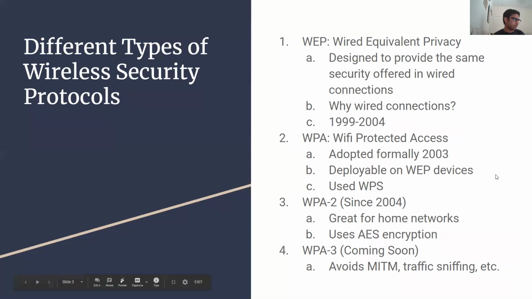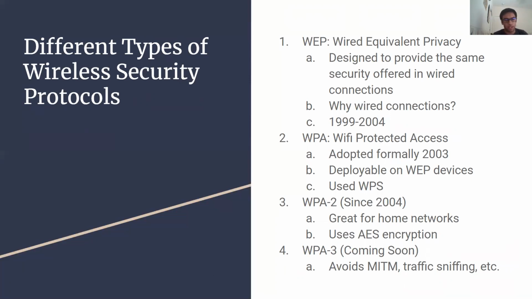There are different types of wireless security protocols. First one is WEP. This stands for Wired Equivalent Privacy. When your computer is connected on Ethernet and there's nothing in between the Ethernet cables, it's said to be very secure, because you're getting it straight from an actual hard connected wire.